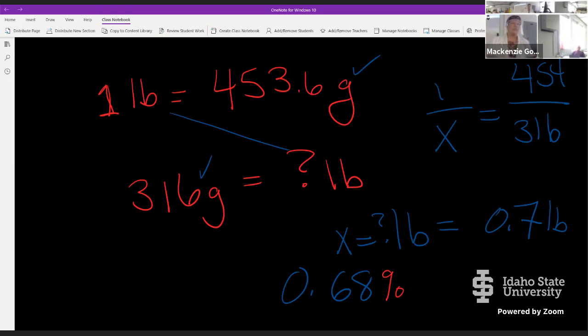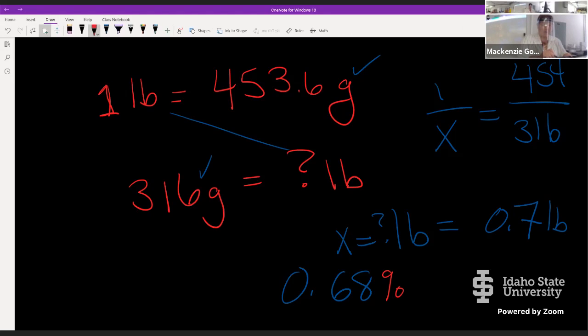Well, now convert that, right? It's a little less obvious. You get some really weird fractions. But if it was 0.68 of a pound instead of 1 pound to begin with, you're saying it makes it a little bit more complicated.